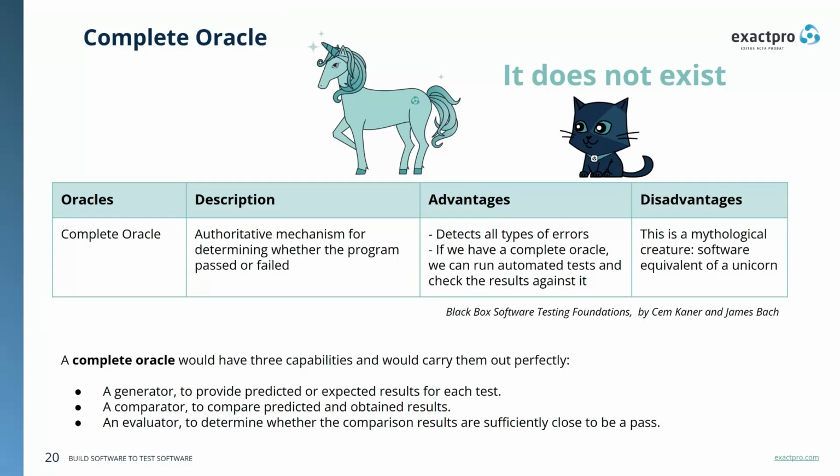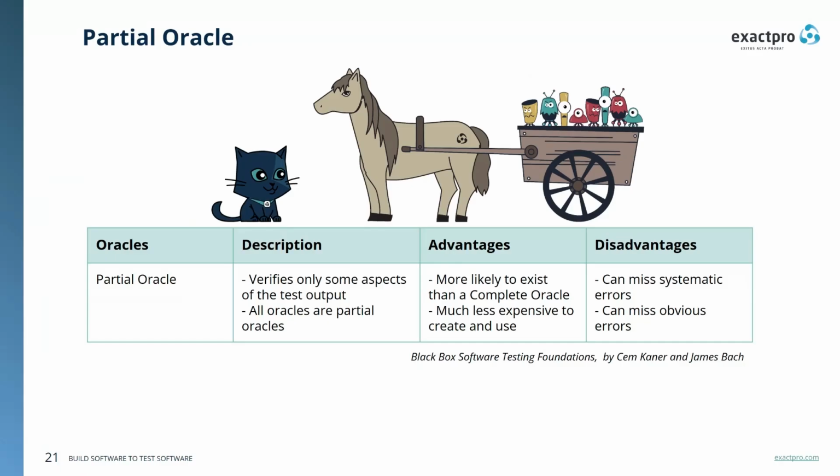It is a unicorn. Everything that we can have is stochastic, heuristic-based partial oracles. They can verify some aspects of the output. All oracles are partial oracles, and they exist. Of course, they can miss systematic errors, they can miss obvious errors, but it is the consequence of the fact that they are partial oracles.